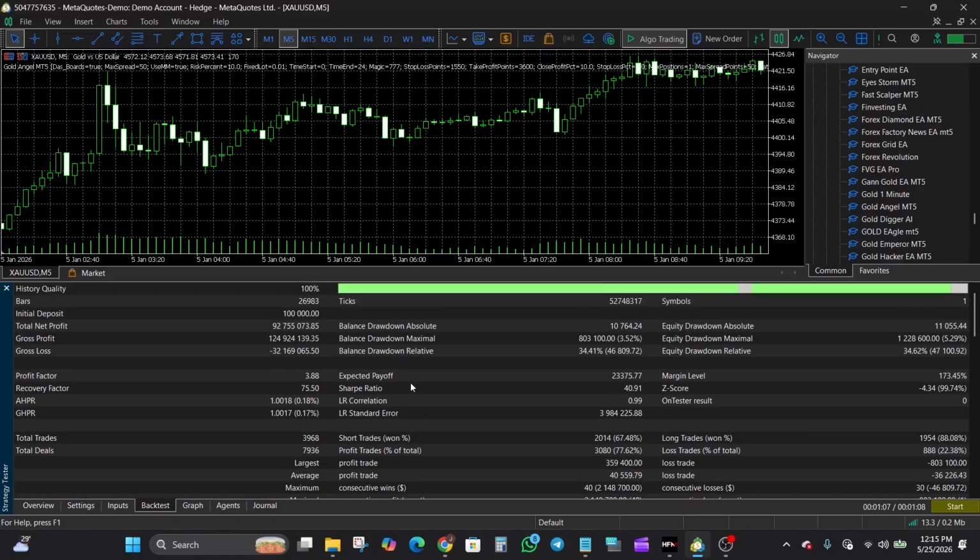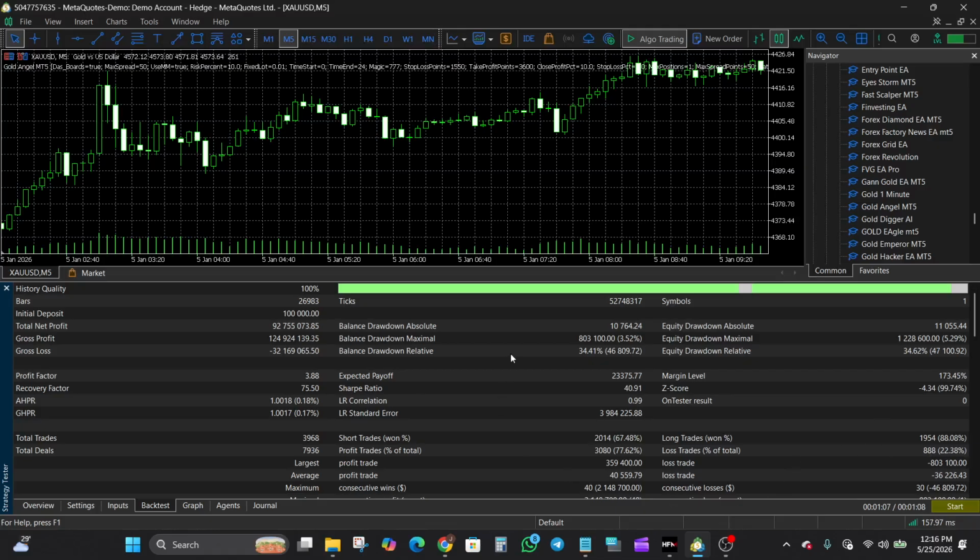Now, even though these are historical backtest results, it is important to remember that performance can vary in live markets depending on spreads, execution, broker conditions, and your own risk settings. So I would still recommend running longer term testing yourself to really understand how the EA behaves across different market environments.